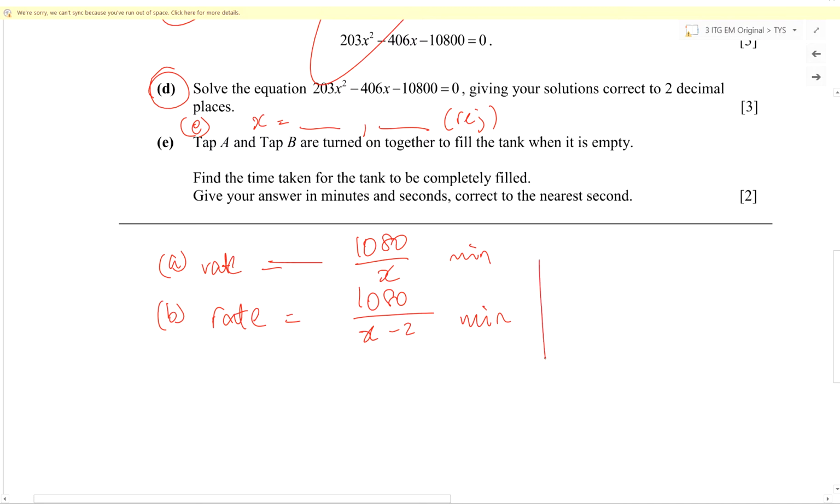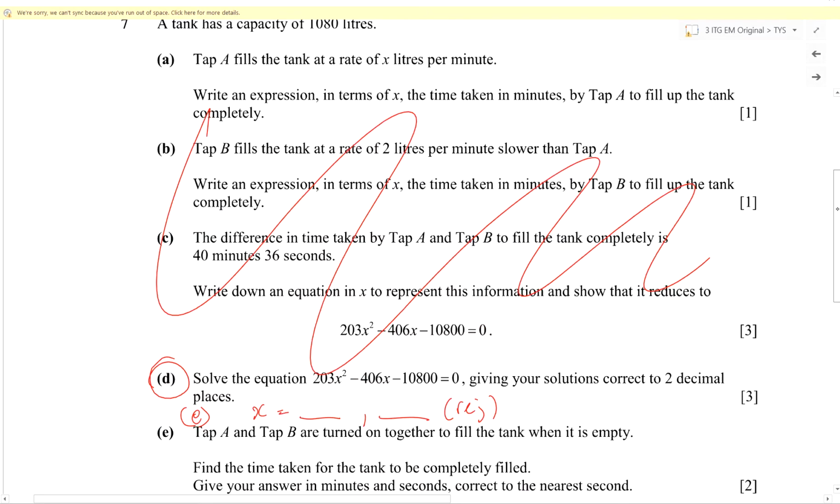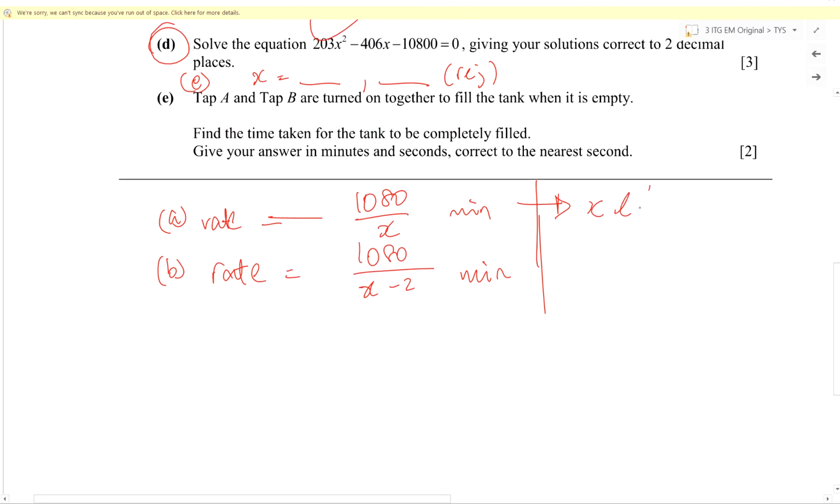Okay. Now, in part A, they are saying x liters per minute, right? This is in A. In part B, it is x minus 2 liters per minute, right? Plus what? What do you add together?